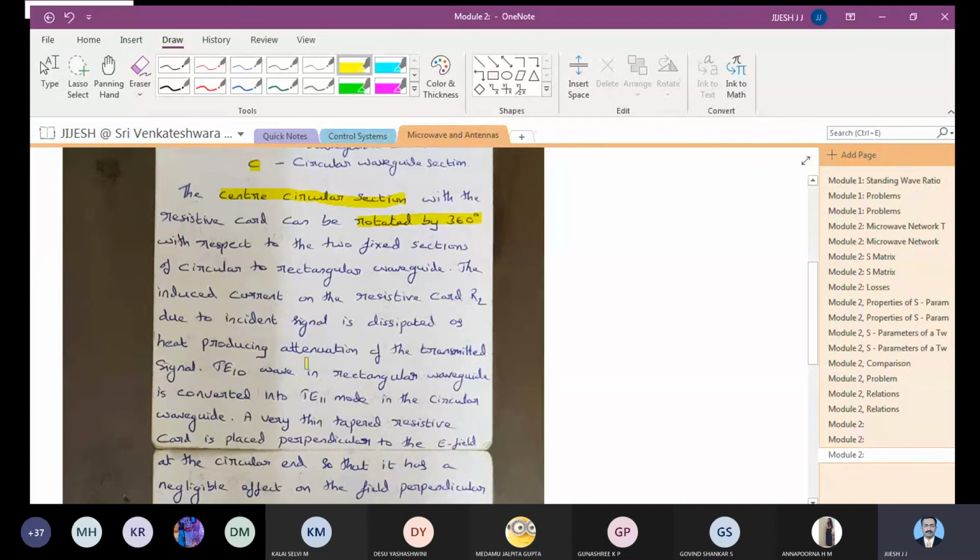TE10 wave in the rectangular waveguide is converted to TE11 mode in the circular waveguide. So a very thin tapered resistive card is placed perpendicular to the electric field at the center at the circular end, so that it has a negligible effect on the field perpendicular.